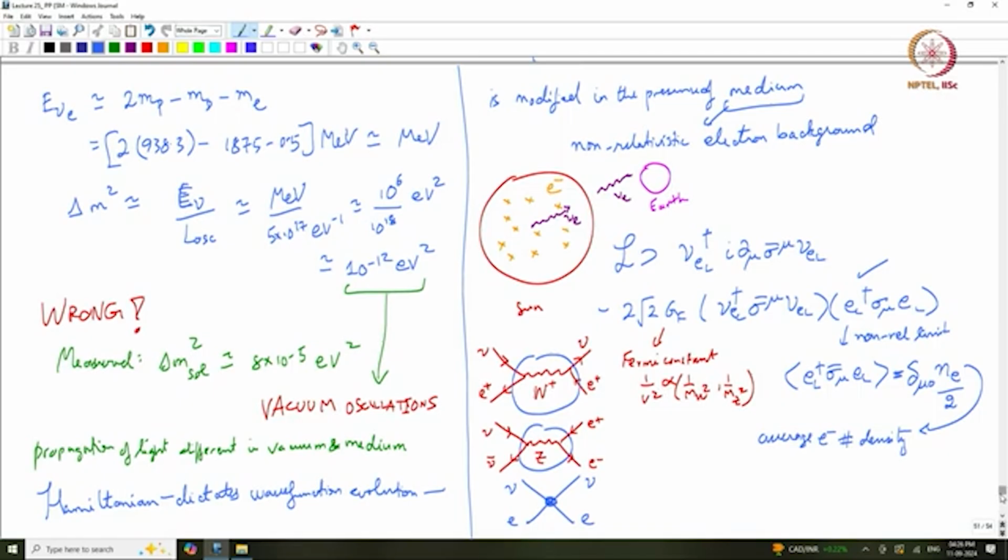The sun should now be thought of as a ball of electrons, a medium of electrons through which neutrinos are propagating.